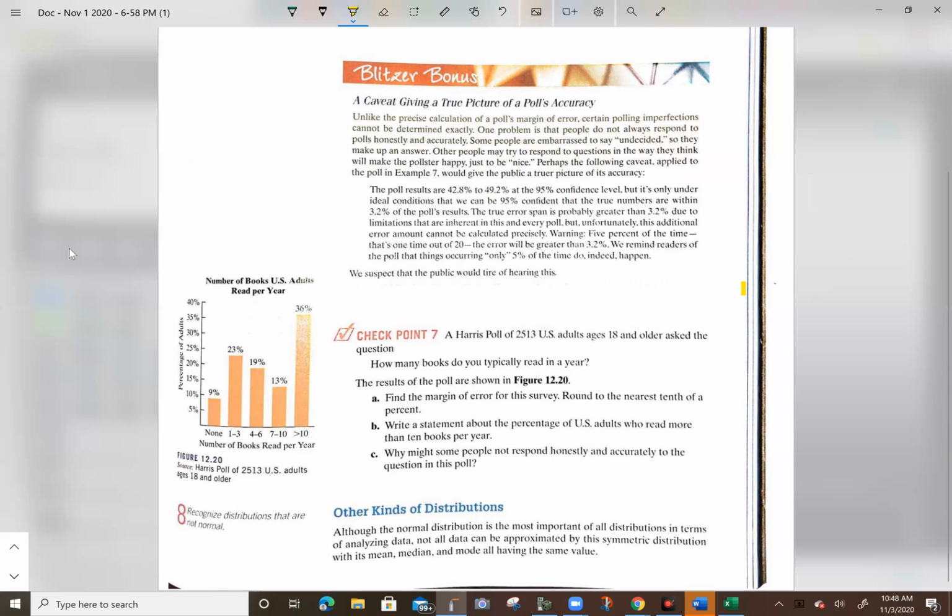Okay, so checkpoint 7. Checkpoint 7 first wants us to find the margin of error for this.